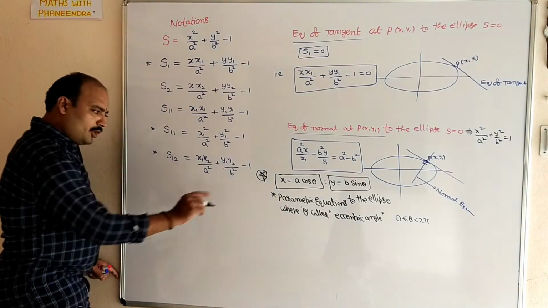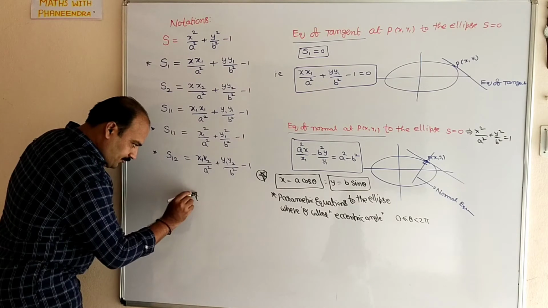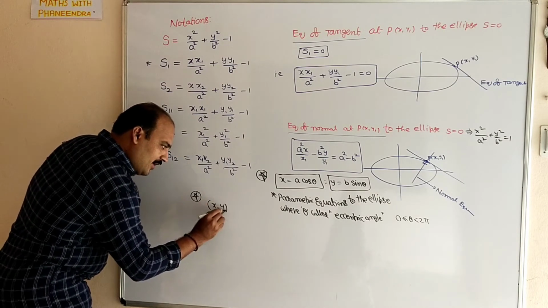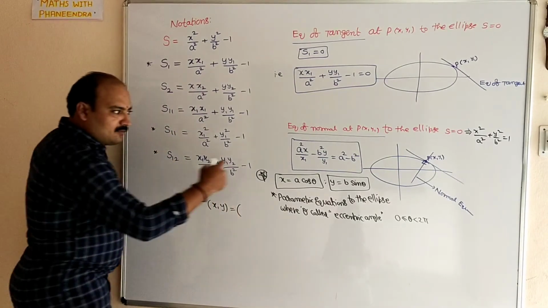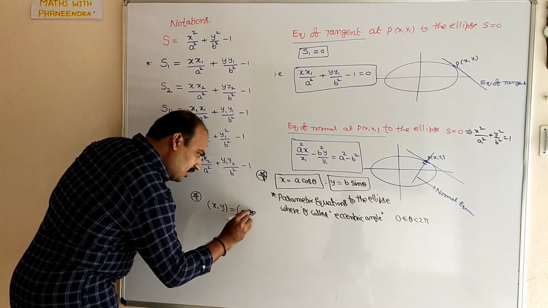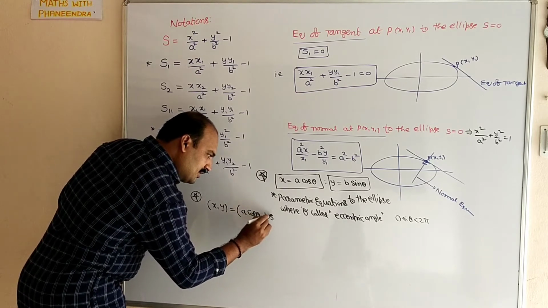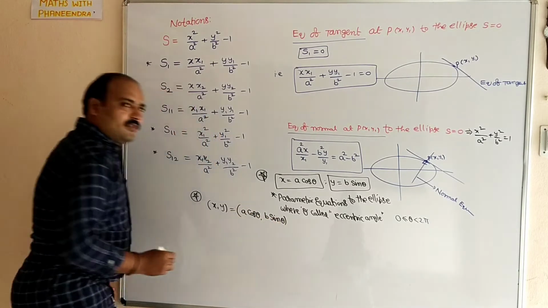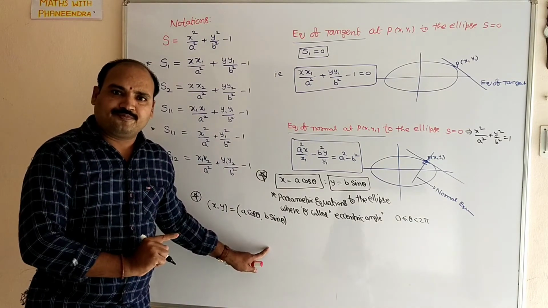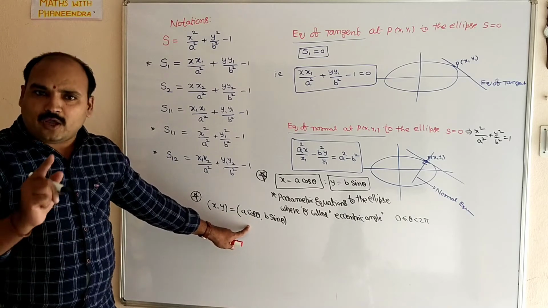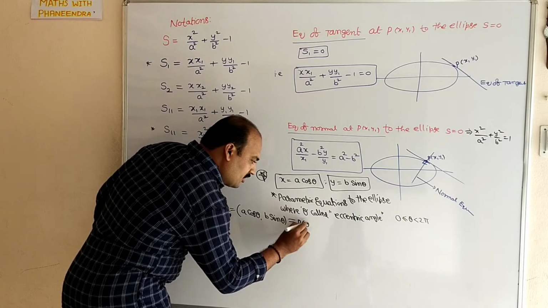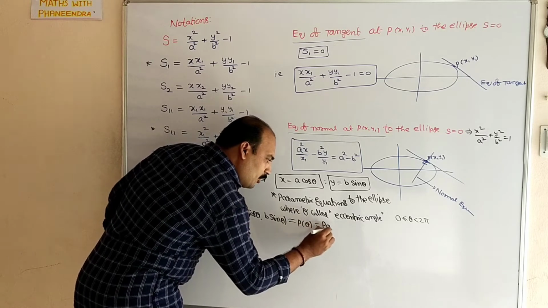After that, one important point regarding this: x comma y in terms of theta is a cos theta, b sin theta. Whenever x comma y is written in terms of theta, this point is called the parametric point, which is simply denoted by P of theta.